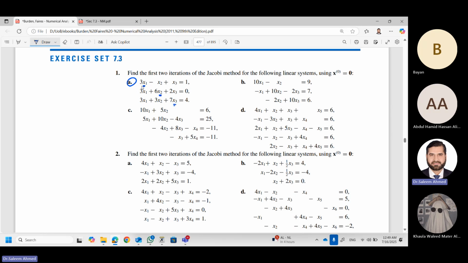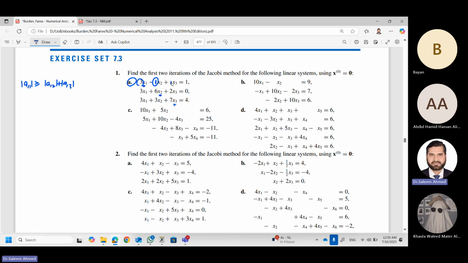But remember, if you look at the coefficient of x1, your a11 should be greater than or equal to a12 plus a13. These are the absolute values, without signs. So it's minus, but the number is 1.